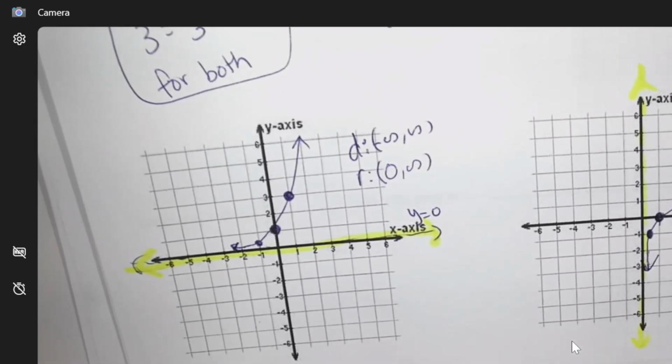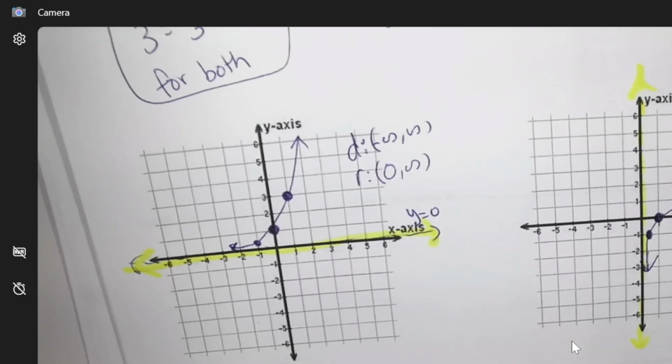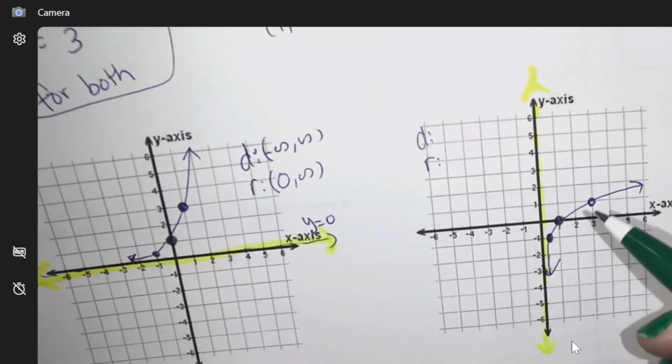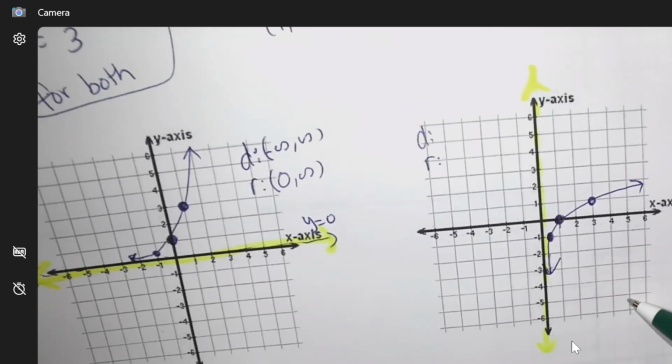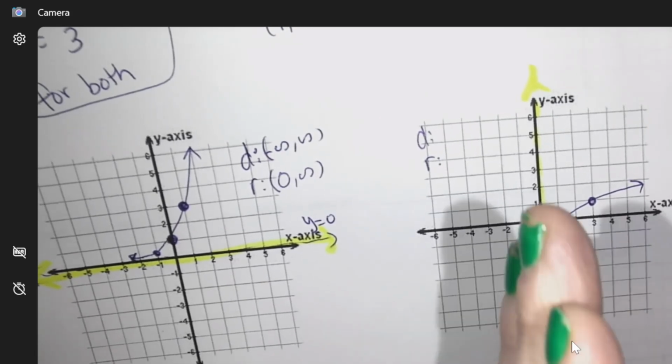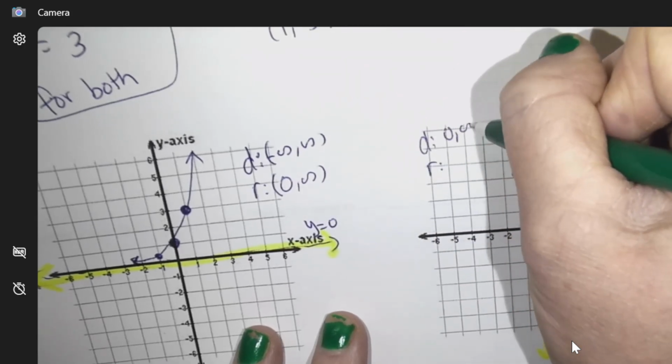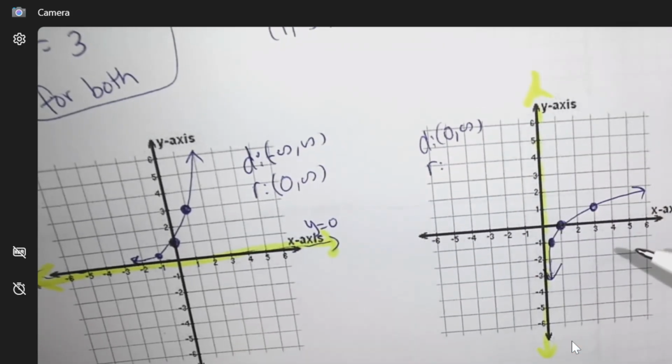So what does that look like compared to the log graph? What's the domain of this one? 0 and then right. What's the range? Down to up.